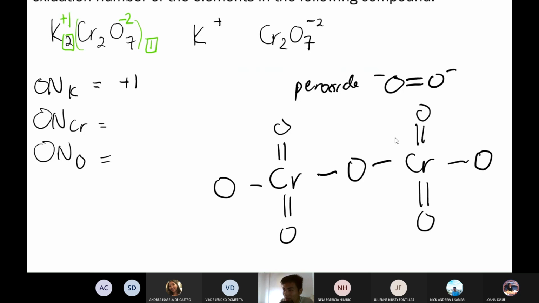So this is the structure of the dichromate ion. So do you see any O double bond O? Wala, no? Meron tayong O-Cr, O-Cr, O-Cr. So basically, wala tayong O double bond O. So ibig sabihin, wala tayong peroxide here. Ibig sabihin, the oxidation number of oxygen is automatically -2 according to the table.